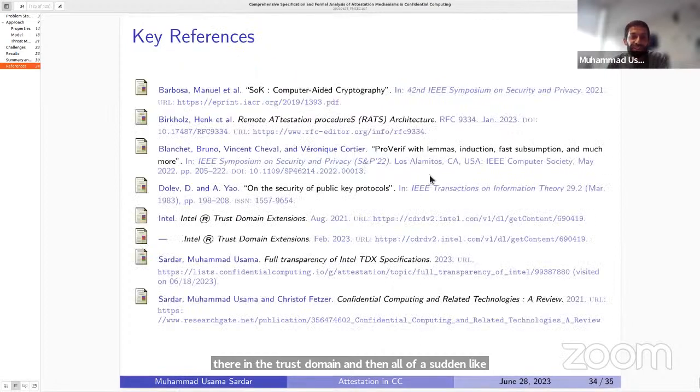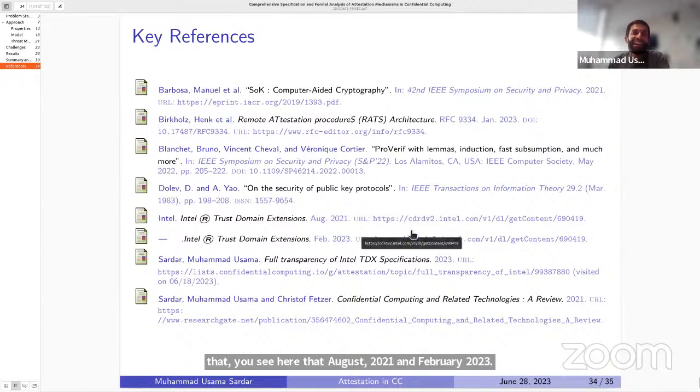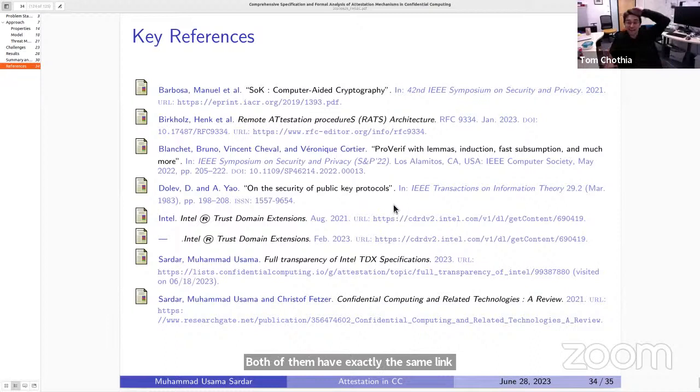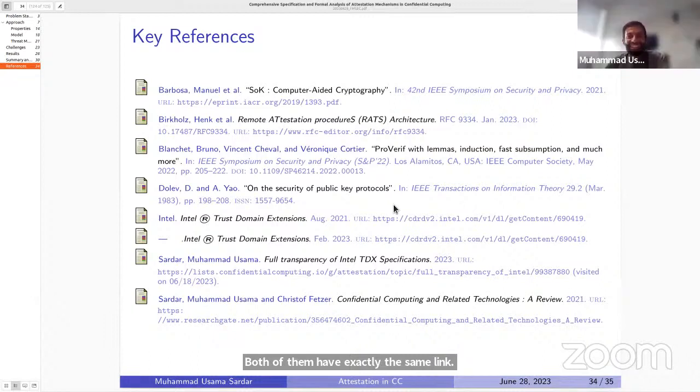And that's really the point that you see here, that August 2021 and February 2023 both have exactly the same link. Yeah, I really have a lot of sympathy with you over that. I think it's awful of Intel. So I think you're taking it very well.